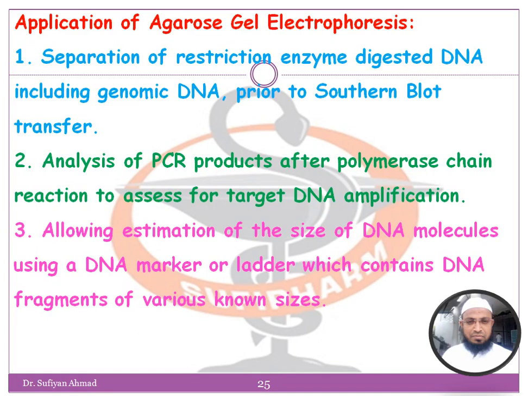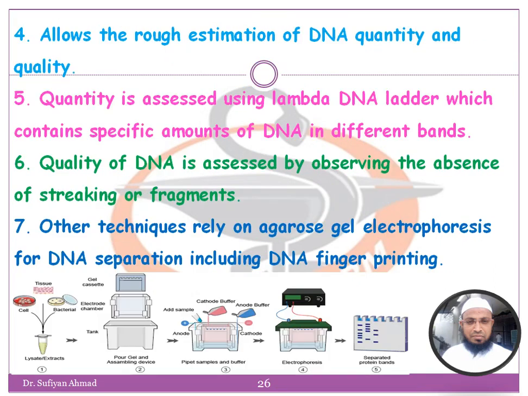The analysis of PCR products after the polymerase chain reaction to assess target DNA amplification, allowing the estimation of the size of DNA molecules using a DNA marker or ladder, which contains DNA fragments of various known sizes. It allows rough estimation of the DNA quantity and quality.